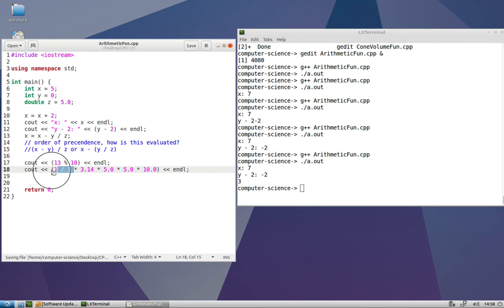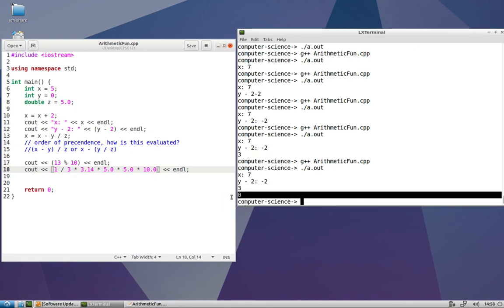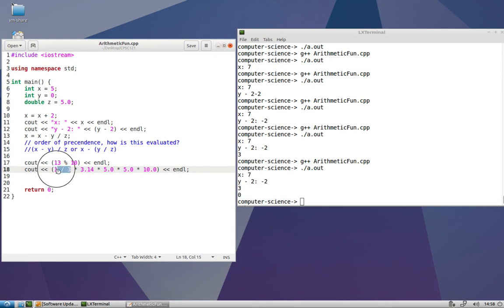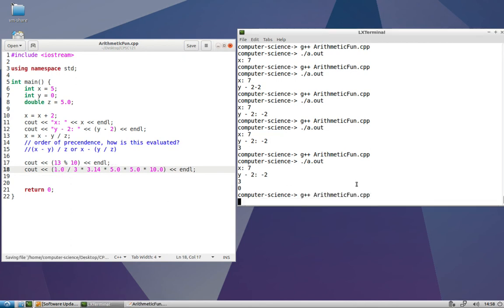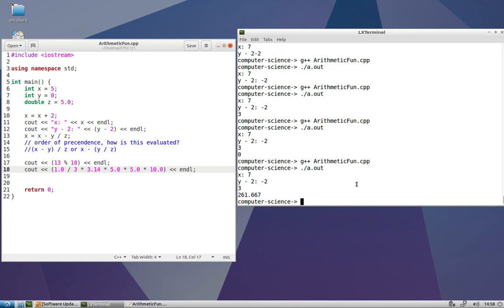And note what's going to happen right here. So it prints out 0 because remember, if both operands of division are integers, then integer division will be performed. So this here, 1 divided by 3, always evaluates to 0. At least one of these has to be floating point in order to give you the result you would expect.